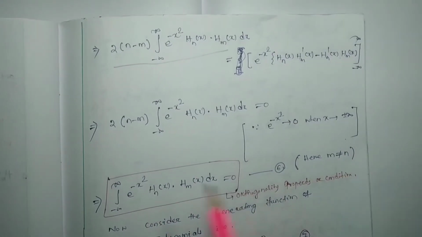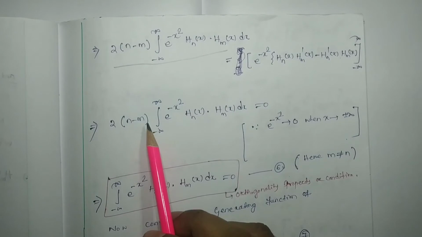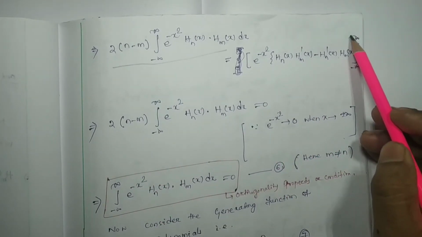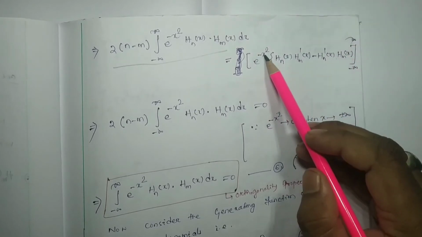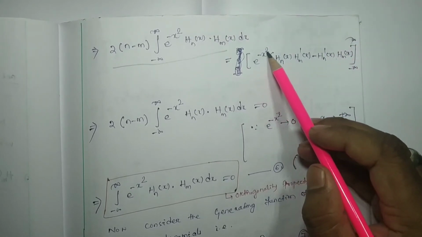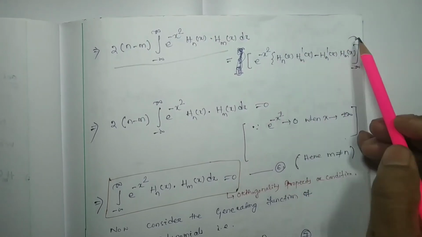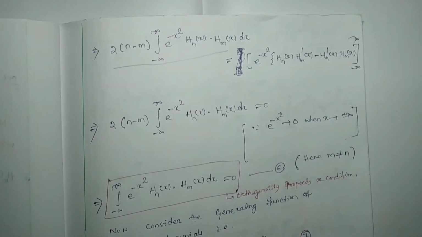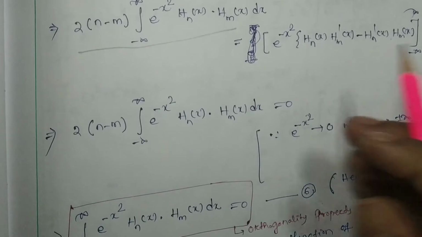Okay, so here you can see if we put the infinite limit over here, this will be e to the power minus x square. Plus infinite at the place of x means it will be e to the power minus infinity.